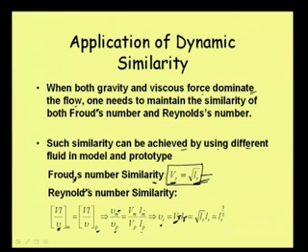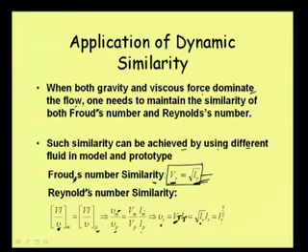So putting root over L_r in place of V_r in this expression, we are considering both the similarity of Reynolds number as well as Froude number. This leads us to nu_r equal to length ratio to the power 3 by 2, or the other way, length ratio is equal to nu_r to the power 2 by 3.